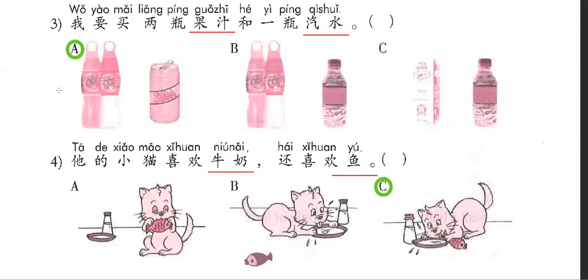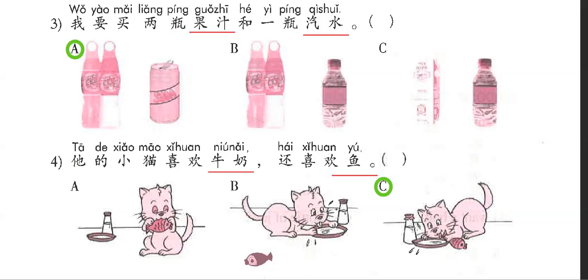Number 4, 他的小猫喜欢牛奶，还喜欢鱼. His little cat likes milk and also likes fish. In the first one, the cat likes fish but doesn't like milk. Letter B, the cat likes milk but doesn't like fish.